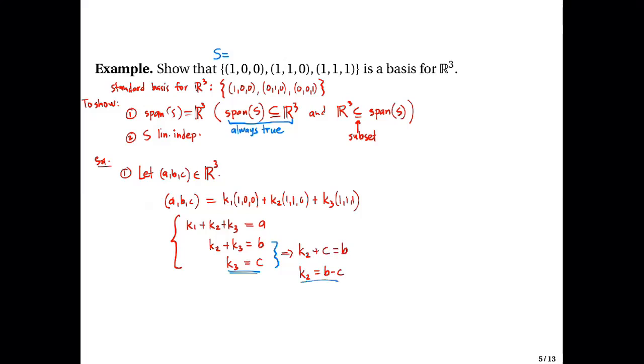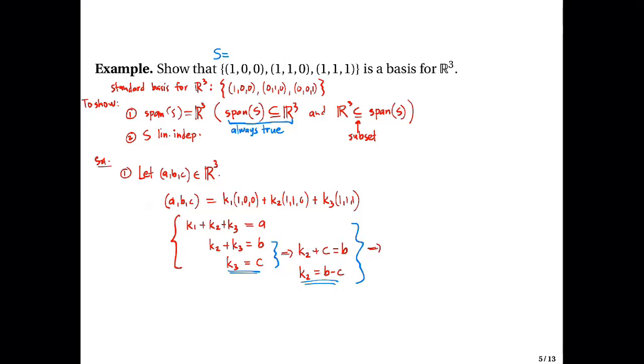And then if we combine this now with the first equation, you have k1 plus k2 plus k3 equals a. But you know your k2, it's b minus c, and you know your k3, it's c.